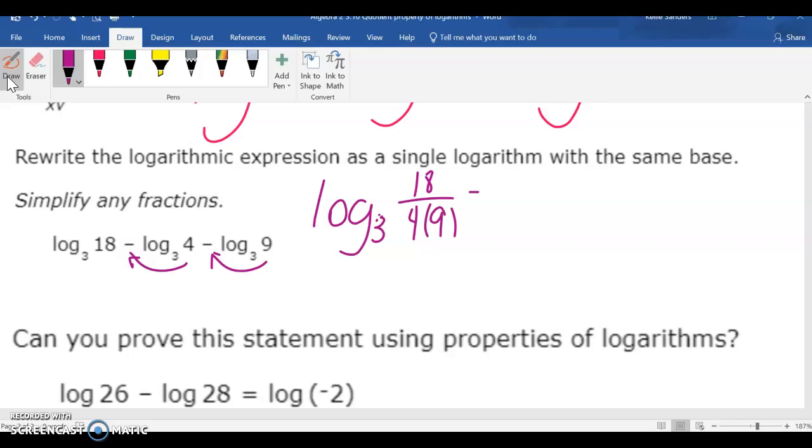The 4 and the 9 are going to be multiplied because that's what happens. And 8 over 36 reduces by 4 to 9.